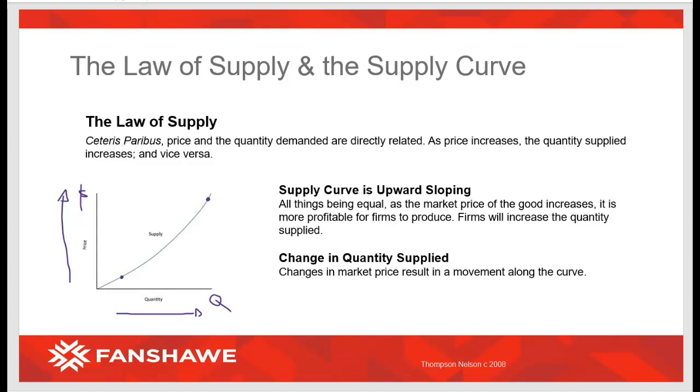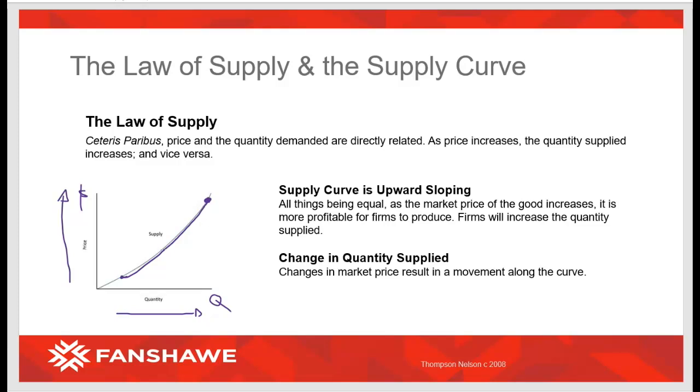But for now, we can just think about it as firms chasing profit or firms chasing money. Obviously, if the price is increasing, then there's going to be more money in it, which means I'll devote more resources to making that good or that service, and therefore there's going to be a greater quantity supplied in the marketplace. That will be suitable for now.